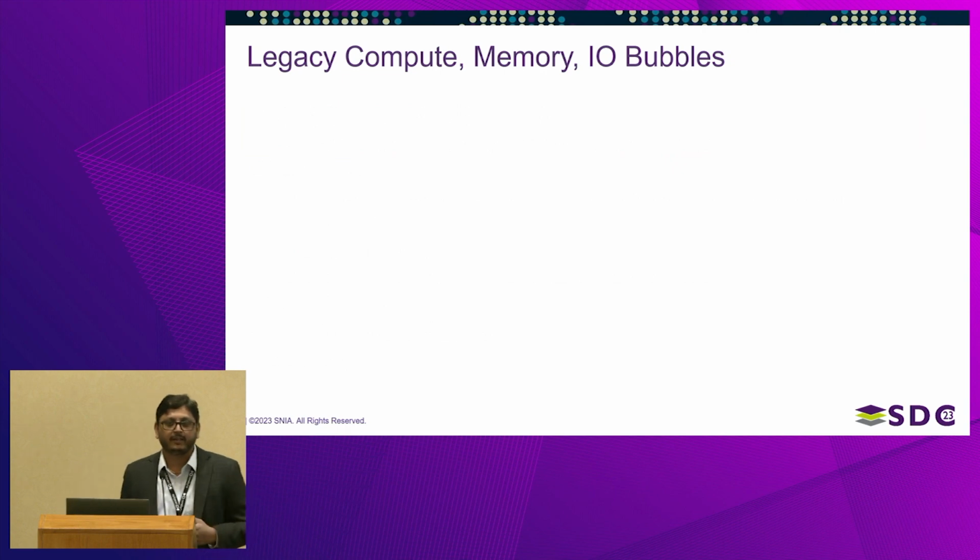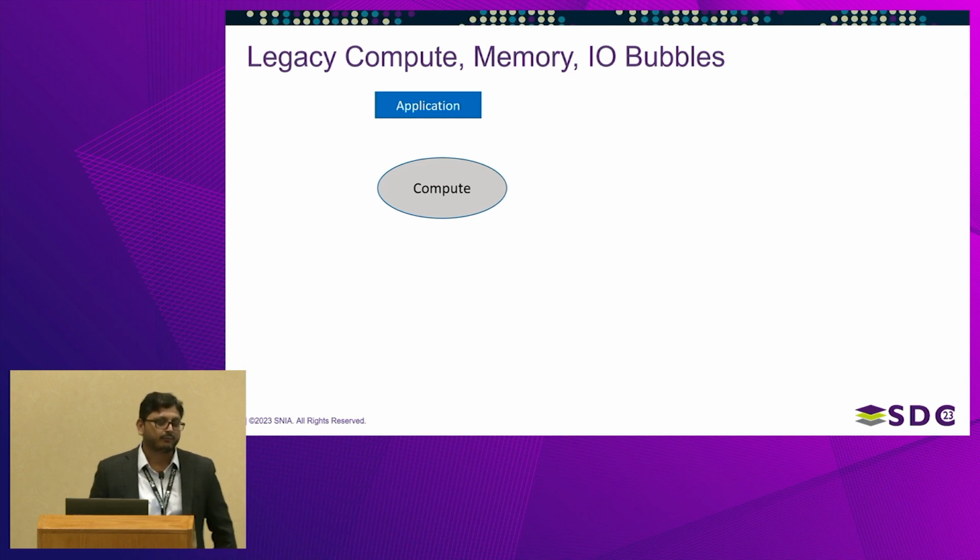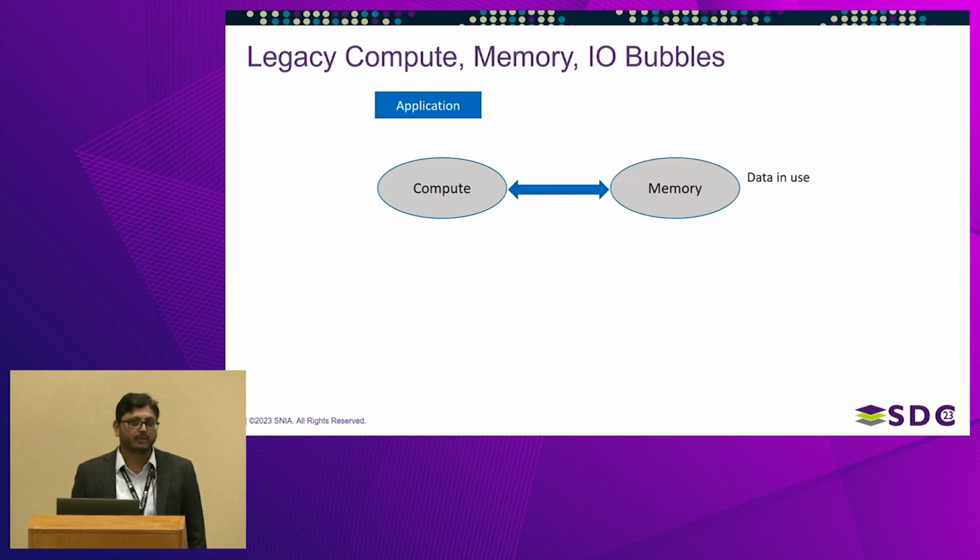If you've been viewing the computer architecture industry for a while, we've had some bubbles, which I call undefined. An application typically interacts with a compute bubble for any kind of computing horsepower. When data is computed, it's stored in memory, because that's where the data computation is stored.